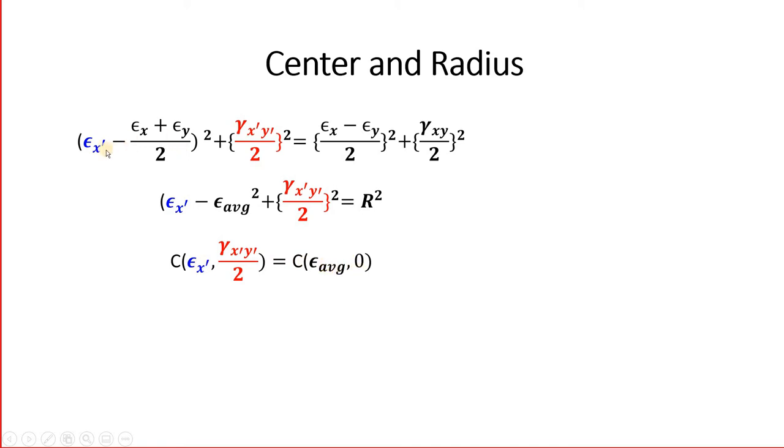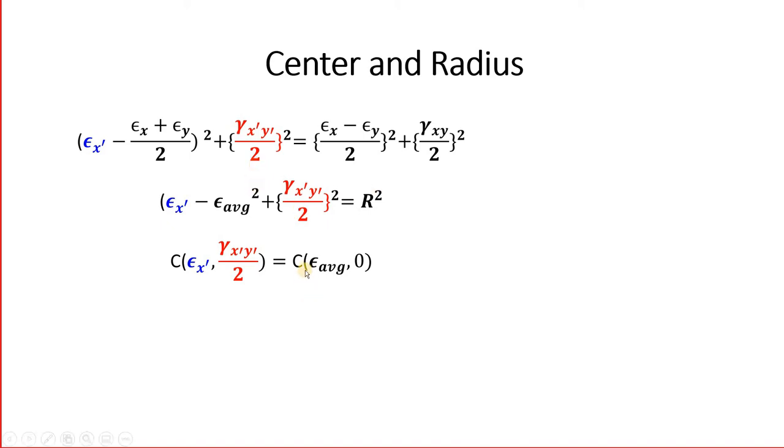But keep in mind that this time the two variables that we have are epsilon x prime and gamma x prime y prime by 2, not the full gamma x prime y prime. We will see in the next slide how to plot Mohr circle for plane strain, but before going to that, just note that we will have epsilon x prime on the x-axis and half gamma x prime y prime on the other axis.